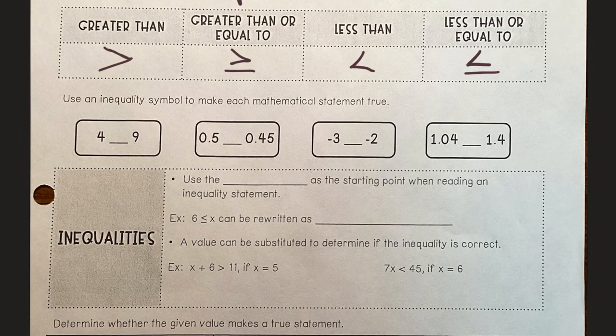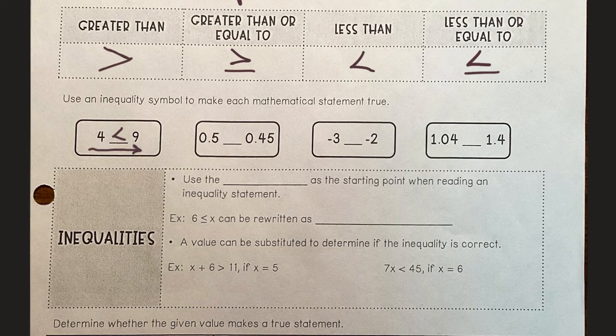So now I'm going to use an inequality symbol to make each mathematical statement true. So I know when I'm comparing 4 and 9 to each other, 9 is going to be the bigger value. So this would read left to right as 4 is less than 9. Okay?